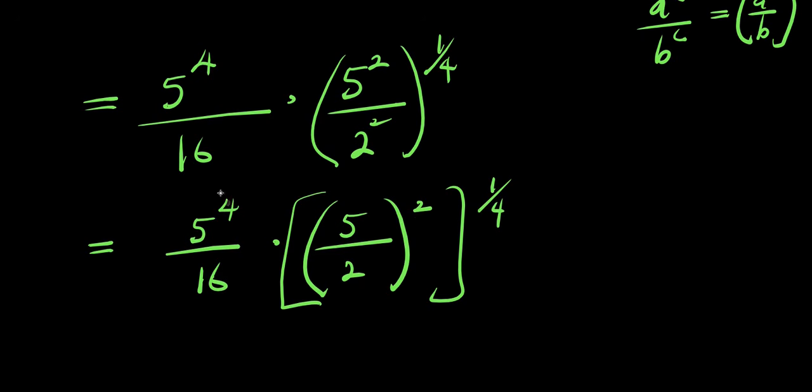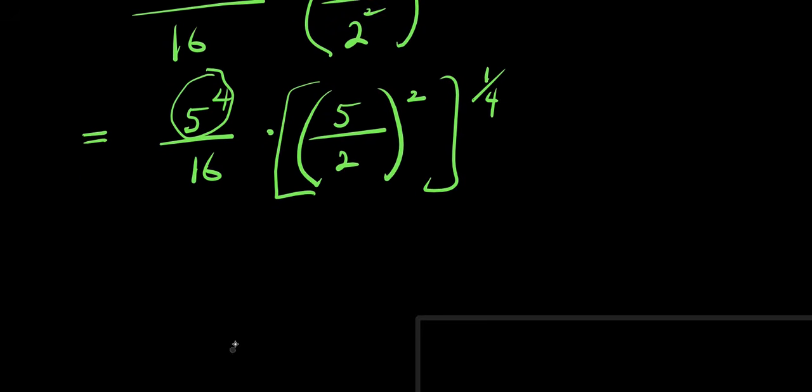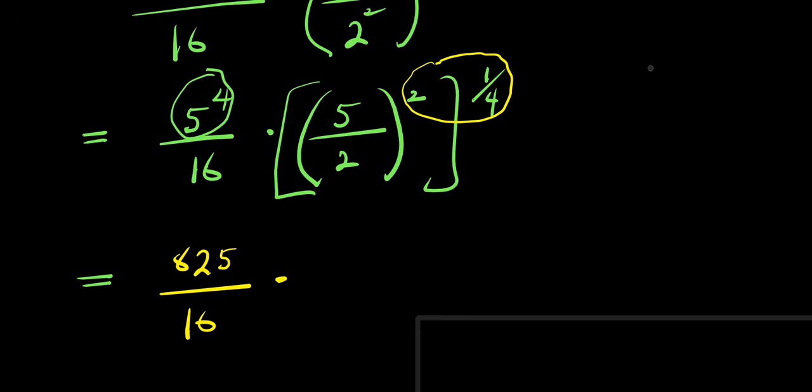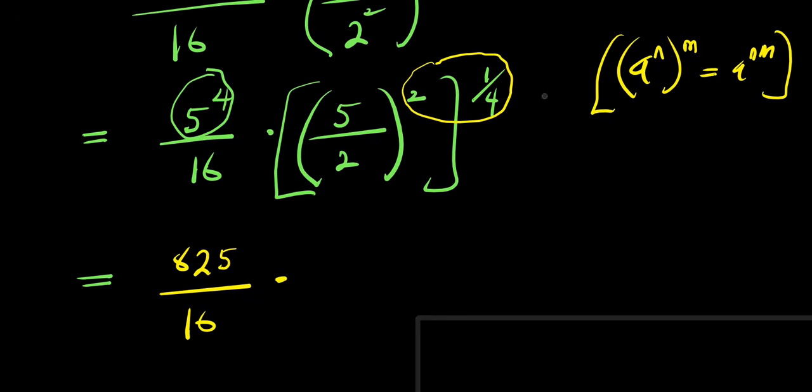Right? So what we need to do is to find the value of 5 power 4. Like what we did earlier on, 5 power 4 is 5 times 5 times 5 times 5. That is 625. So this will give us 625 divided by 16 times, you can multiply this out using the same identity of a power n raised to the power of m equals a power n times m. So once you multiply this out, you are going to have 5 divided by 2 raised to the power of 2 times 1 over 4, that is 2 over 4.